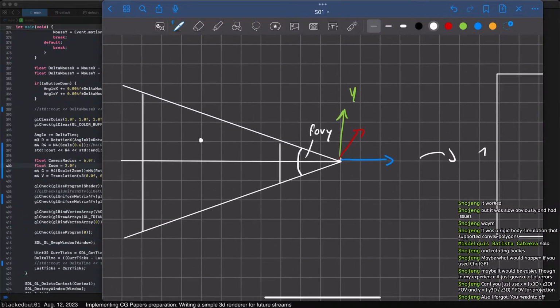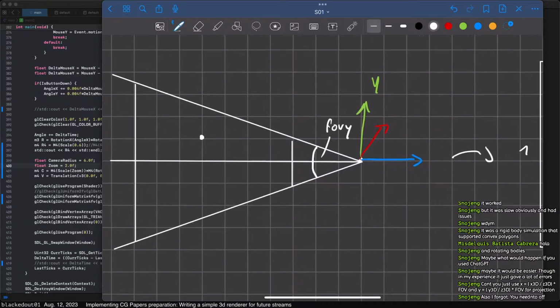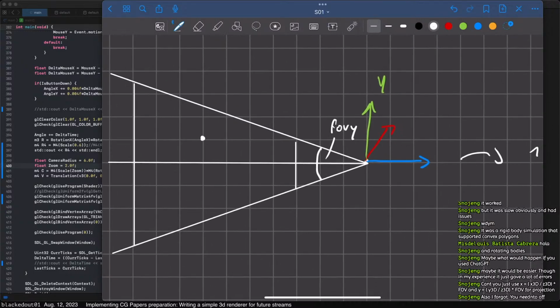So let's focus on the y here. And this is where I need to think a bit myself. So basically, the y is this here, the y of the point.